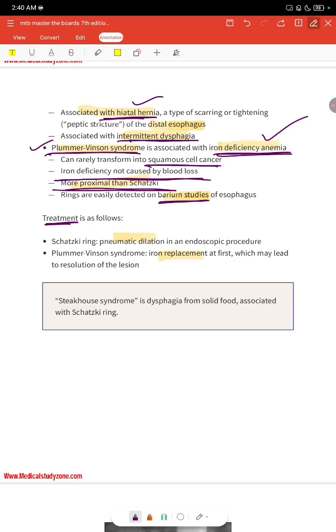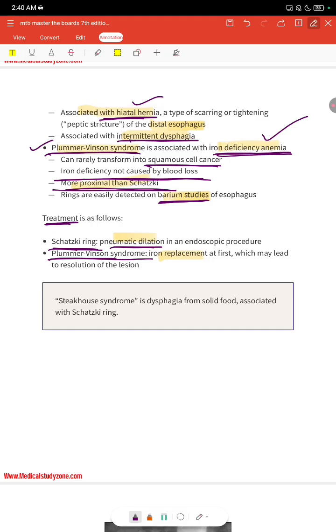Treatment is as follows: Schatzki ring and Plummer-Vinson syndrome. So for Schatzki ring, we do pneumatic dilation, the same procedure that we opted in achalasia.